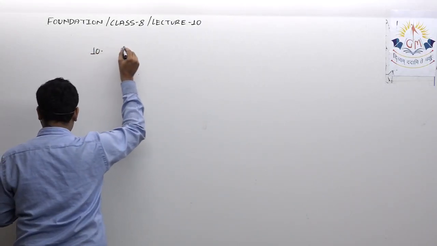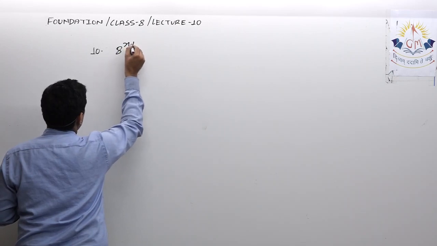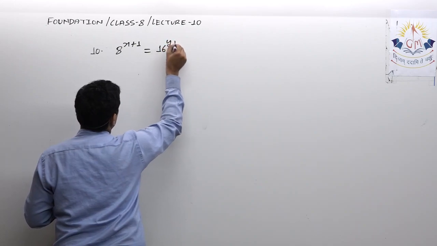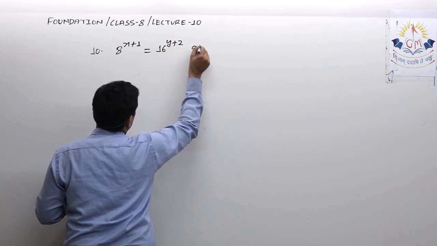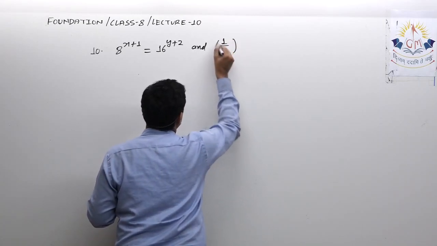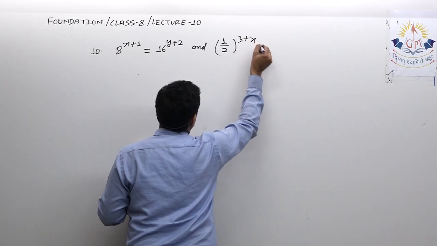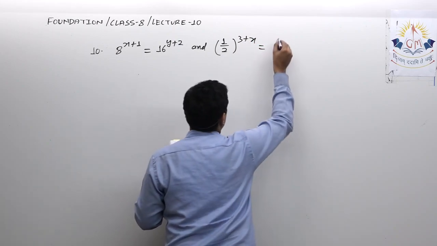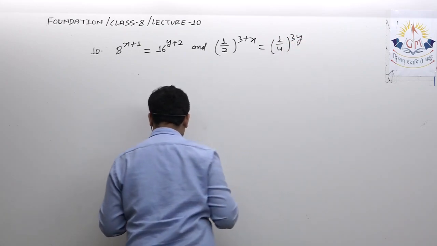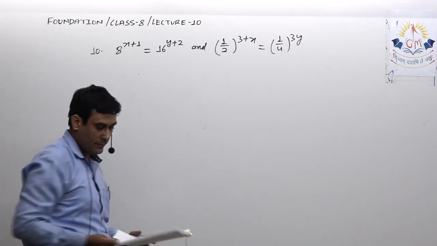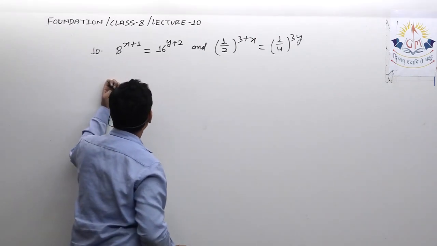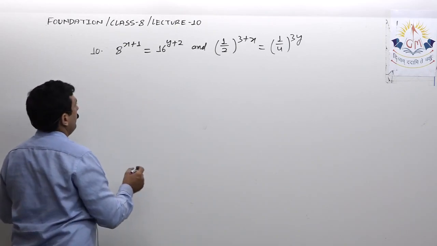Question number 10: 8 raised to x plus 1 is equal to 16 raised to y plus 2, and 1 by 2 raised to 3 plus x is equal to 1 by 4 raised to 3y. So now we have to find the value of x and y.